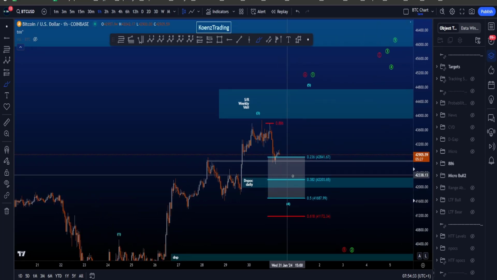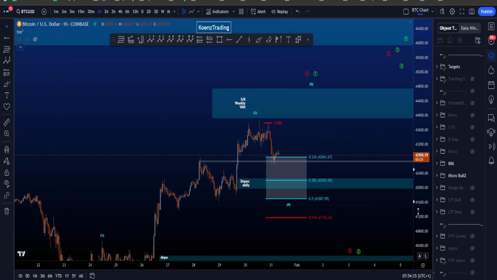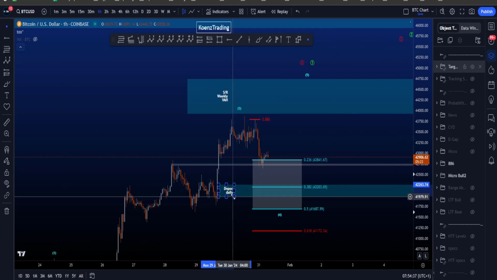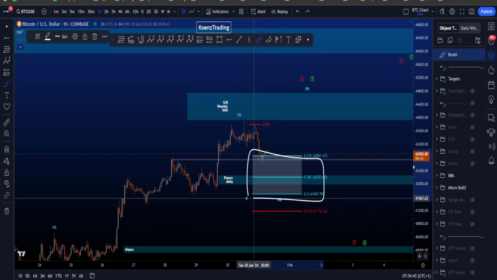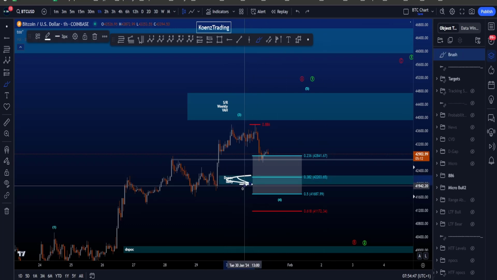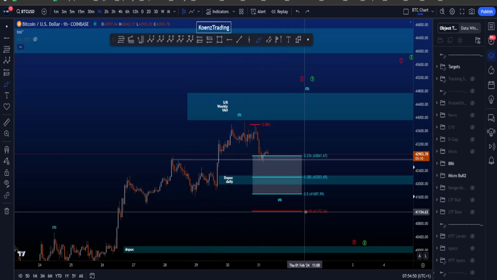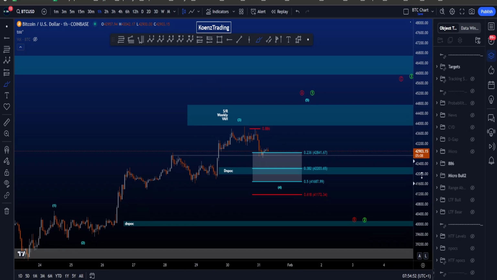Now inside this area, we have some interesting additional support, which is this blue box here, sitting between 41.9k and 42.3k. This is the strongest support in this area for me.